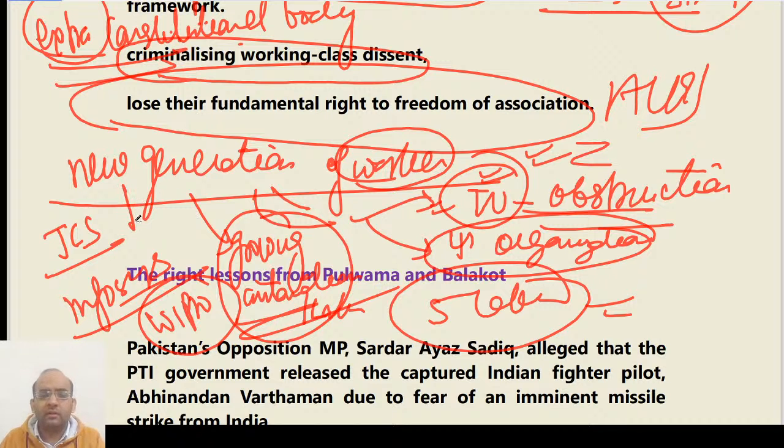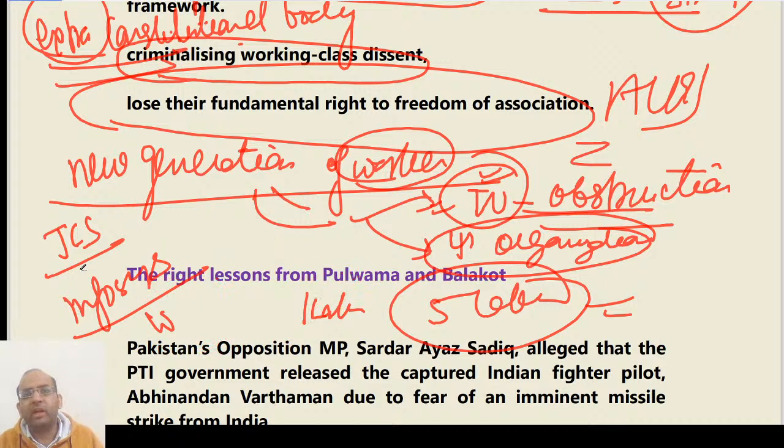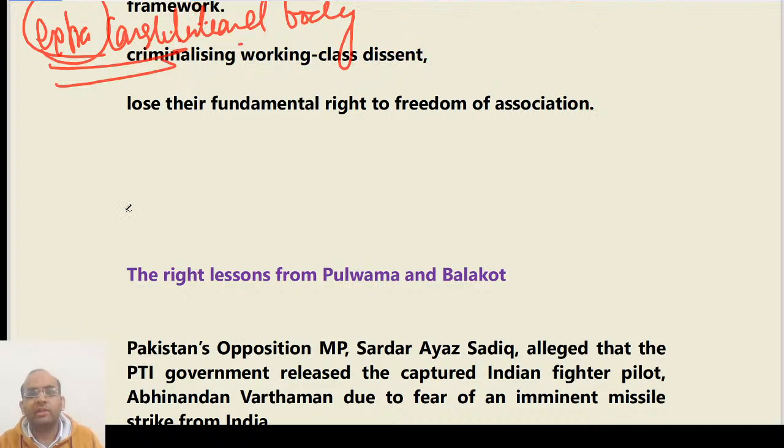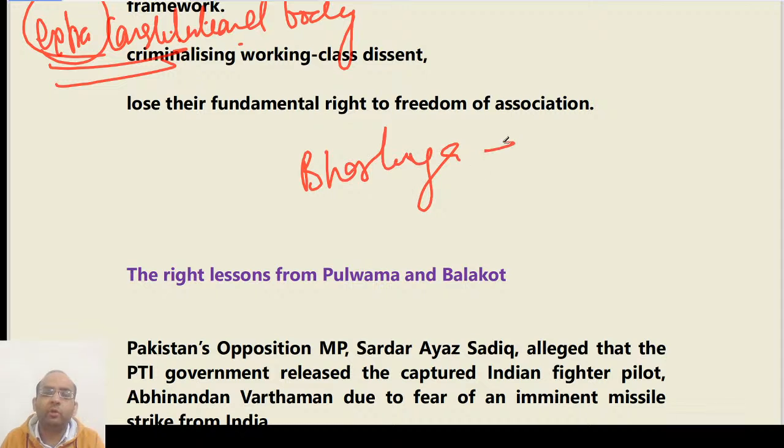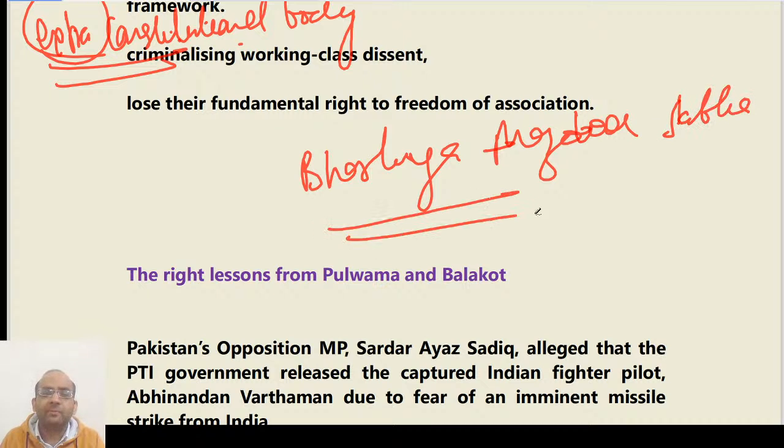Fourth, this new generation of workers does not want to become members of all India trade unions. All India trade unions like Bharatiya Mazdoor Sabha are affiliated to BJP. Similarly, Congress, Communist Party, etc., have their own all India trade unions.